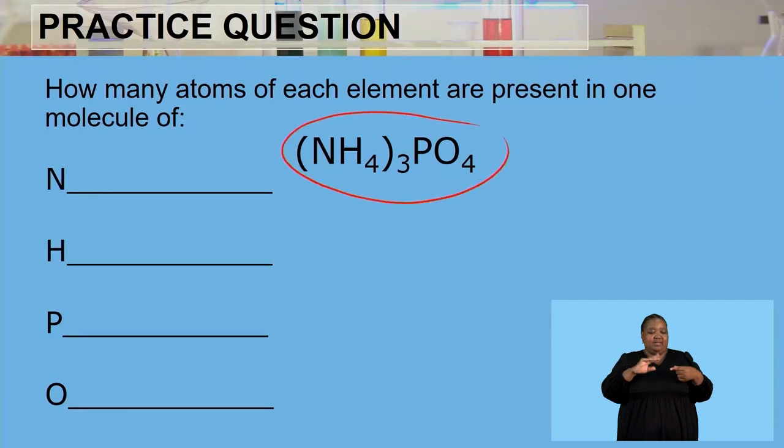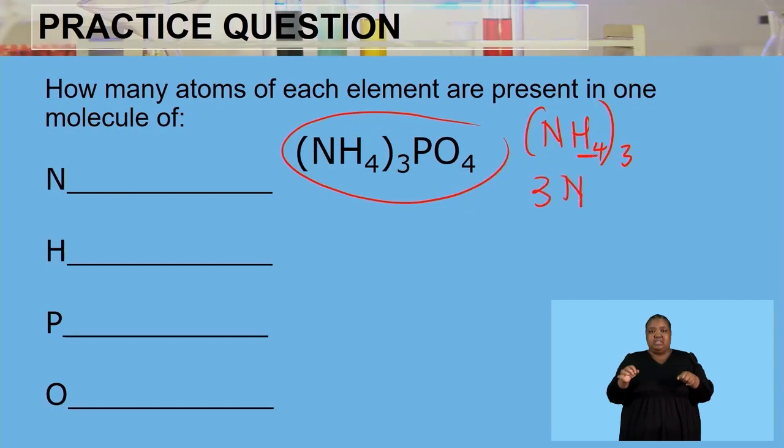We see the first part, NH4, and then there's a bracket with a subscript 3. That 3 means that everything within the bracket is multiplied by 3, which means we have 3 nitrogens, and because we have 4 hydrogens, that 4 is also multiplied by the 3, which means 12 hydrogens.